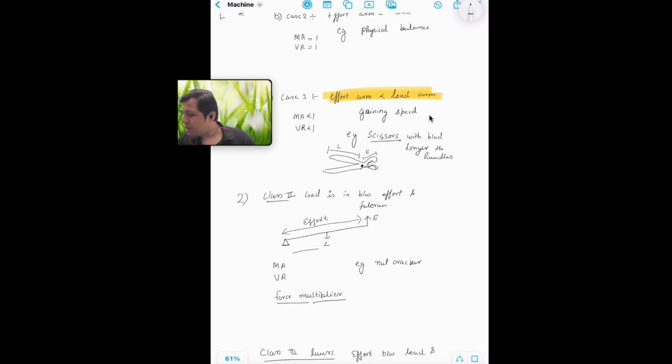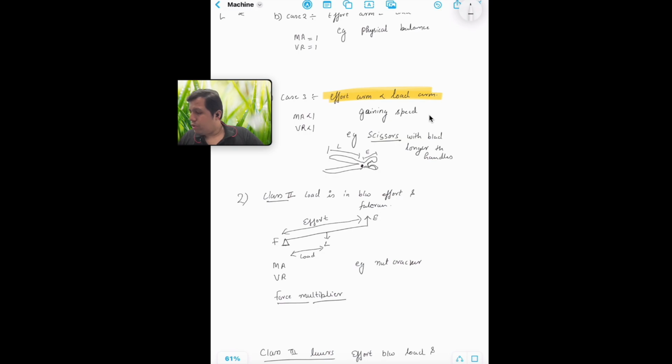And what is the length of your effort arm? This one. Because the load and effort arm length is always measured from the fulcrum point. So this is your fulcrum. Please tell me that in the class 2 type levers, if load is in between effort and fulcrum, which arm is greater?